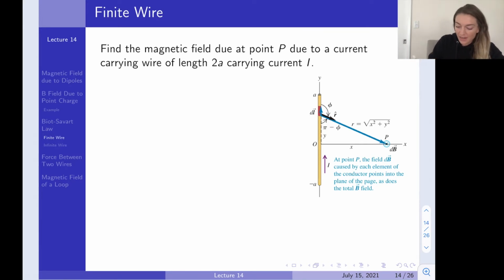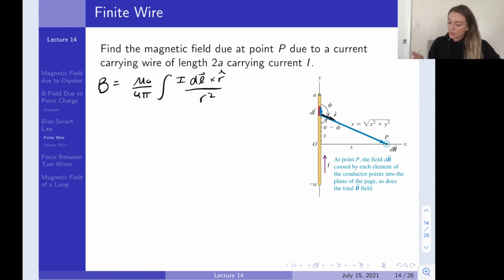So let's first write our Biot-Savart law. The magnetic field is mu naught over 4 pi, and we're going to integrate I dl cross r hat over r squared. Luckily, r itself is easy to find because it's just the distance from every point of our current carrying wire to this point P out here.